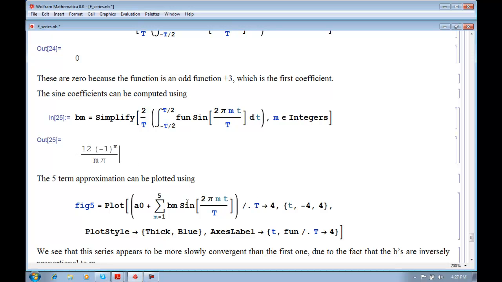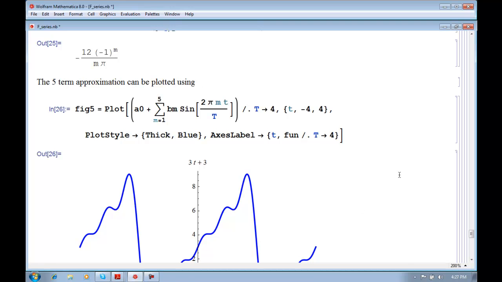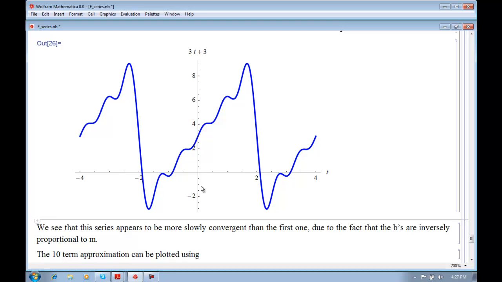So let's plot the 5-term approximation, which is given by this. You can see that this kind of looks a bit like the function in the principal region, but it converges much more slowly.